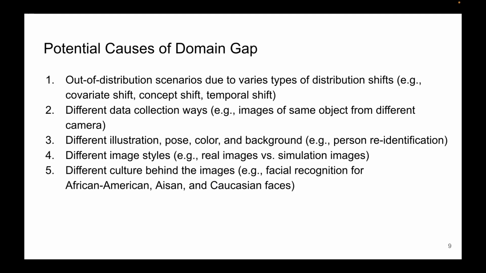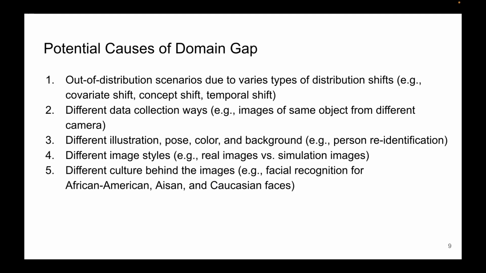For example, for images of the same object, if you use different cameras, they will give you different visual appearances, right? Also, if you think about the same person, as in person re-ID as one example, due to different illumination, pose, color, and background, those kinds of differences will also cause domain gap between the source and target domains.